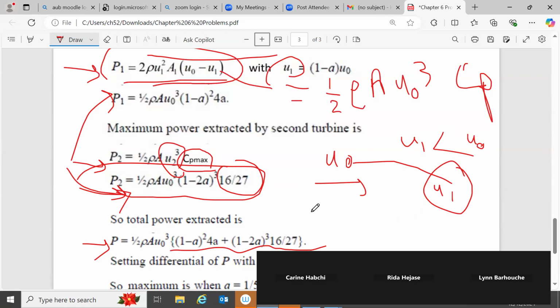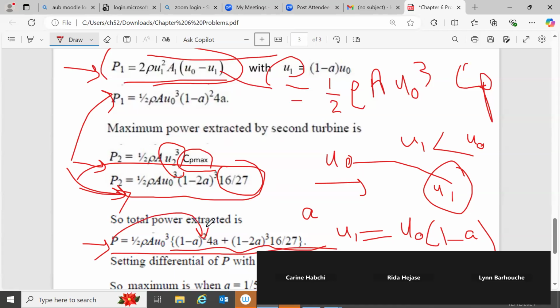That's why we defined a coefficient A such that U1 is exactly U0 times 1 minus A, and we need to optimize the design to get the A that gives maximum performance.